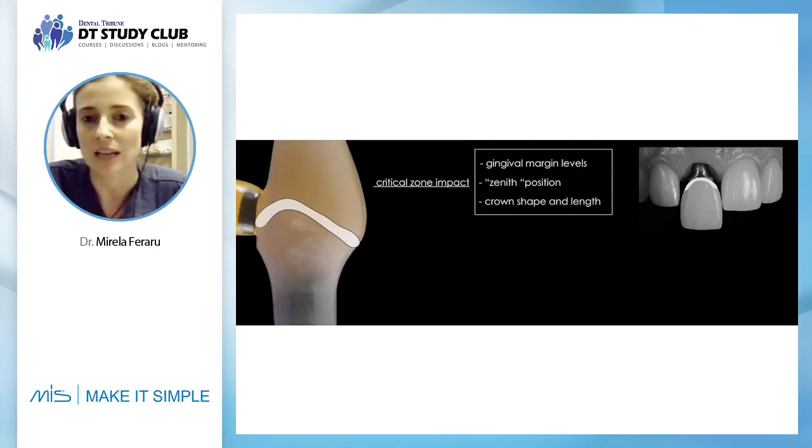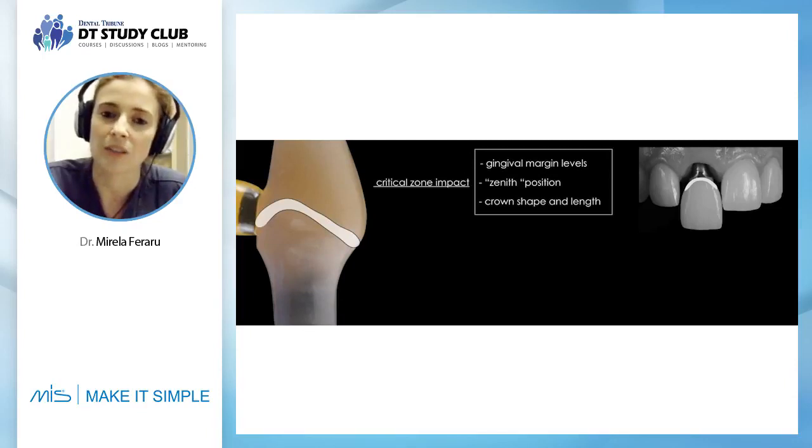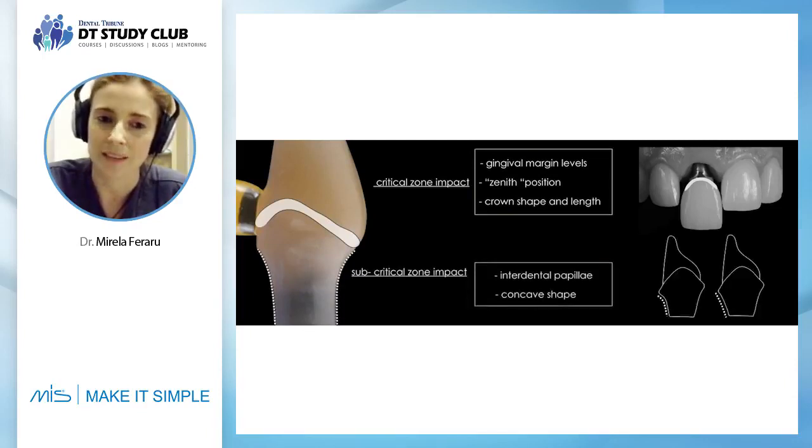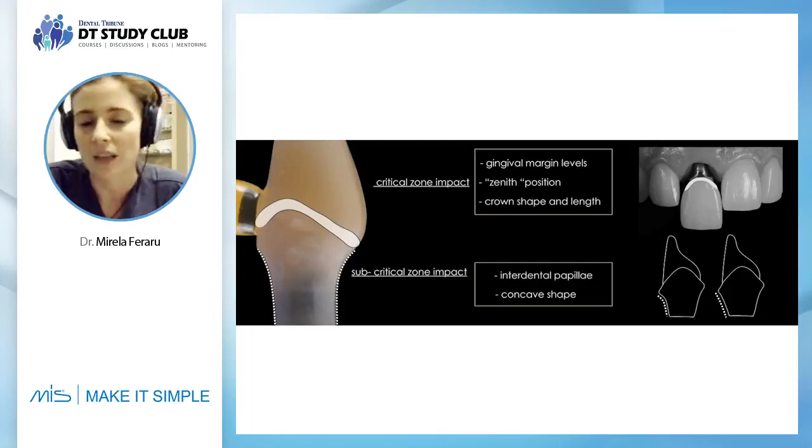Then we can decide on the so-called zenith position, and accordingly it will influence the crown shape and length. As I mentioned, everything below that to the implant head is called the subcritical zone and has more or less impact on the interdental papilla, but this is less important. What is more important is that it can have different shapes.